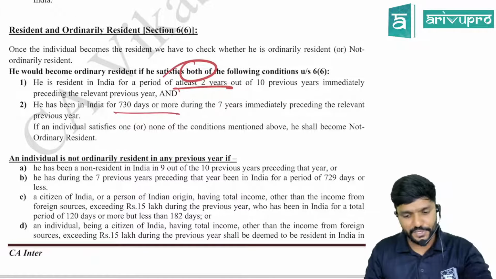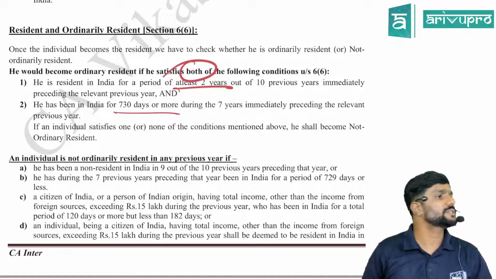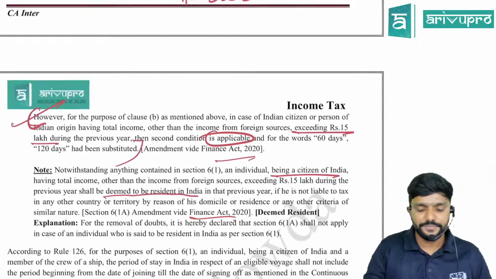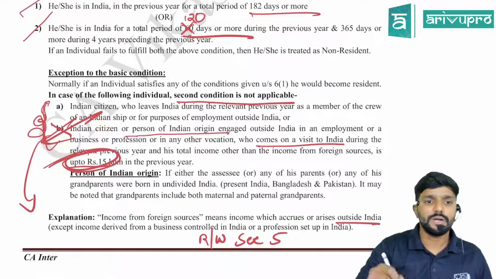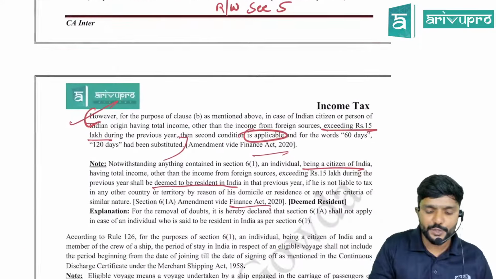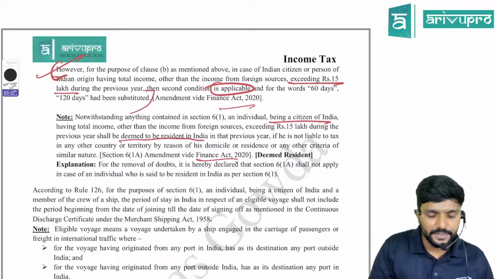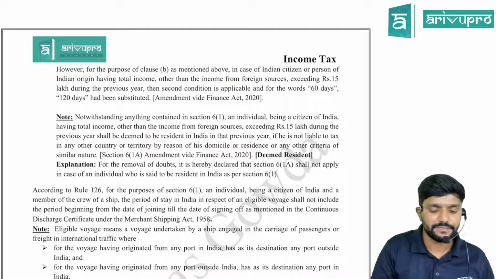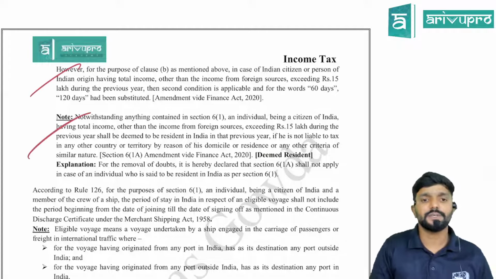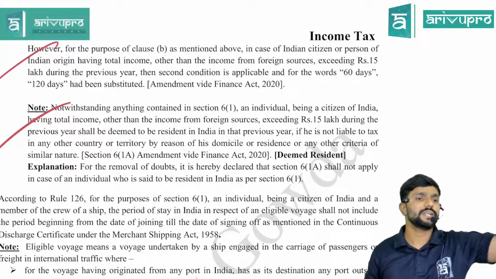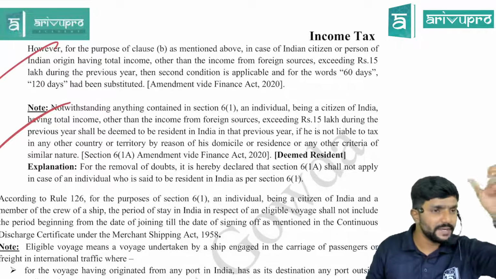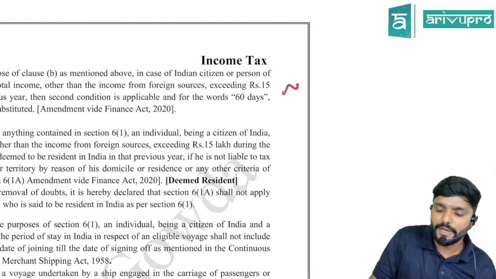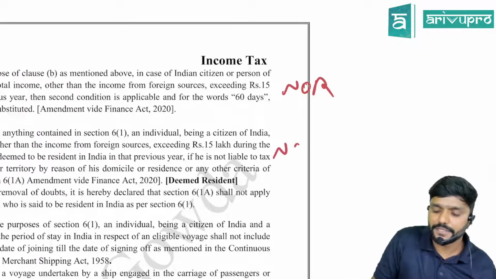Fine, guys. So 6(1) as well as 6(6) both we have covered. Now listen, guys. What they are telling is, in these 2 cases, no need to check additional condition. If you have satisfied this condition and become a resident, you are straight away not ordinary resident.